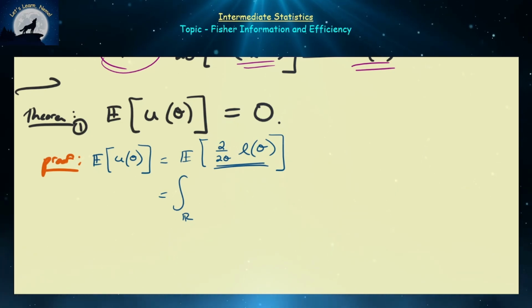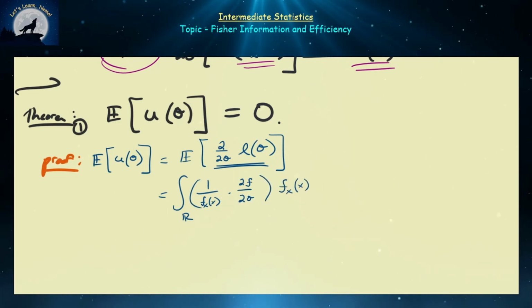So what is the derivative of the log likelihood function? That's going to be equal to 1 over f_X(x) times the partial derivative of f with respect to theta, and then we multiply by the probability density function f_X(x). Agree? This is equal to that by the chain rule of partial derivatives.